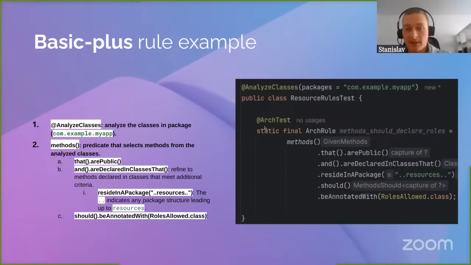You create the arc test, and in constant, you say that given is methods, because it is usually endpoints in a resource or controller or something. And we filter these methods by being public and being declared in a class that lives inside the resources package. It can be done in a different way, of course. We can say that classes having a name ending with resource. That will also work for some projects. And then our assertion is that such methods should be annotated with the security annotation roles allowed.